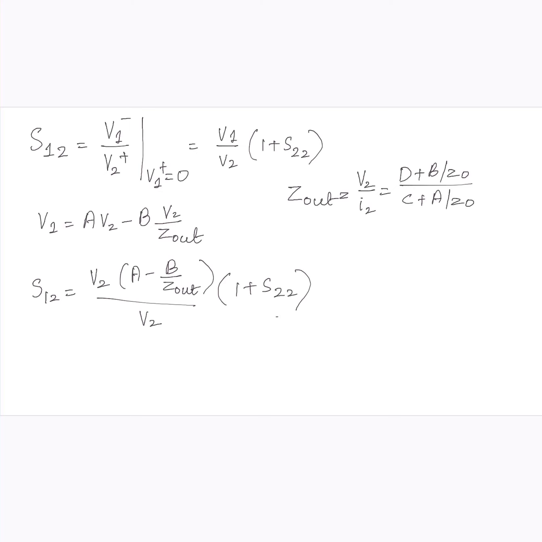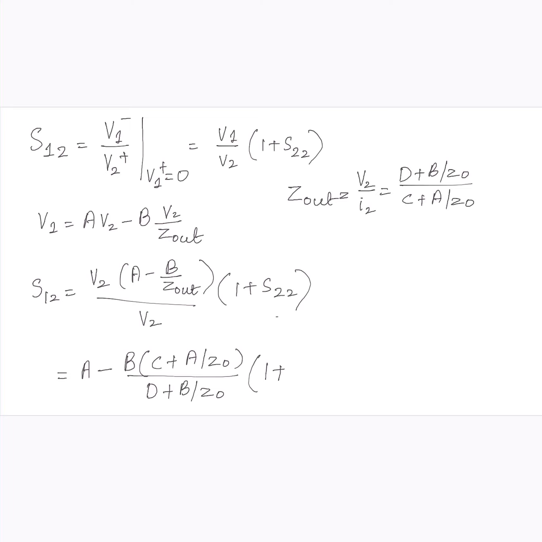So now substitute Z out into the equation. V2 will get cancelled, so this will become A minus B, substituting for Z out, taking the denominator to the upper part, (C plus A by Z naught divided by D plus B by Z naught) into (1 plus S22).